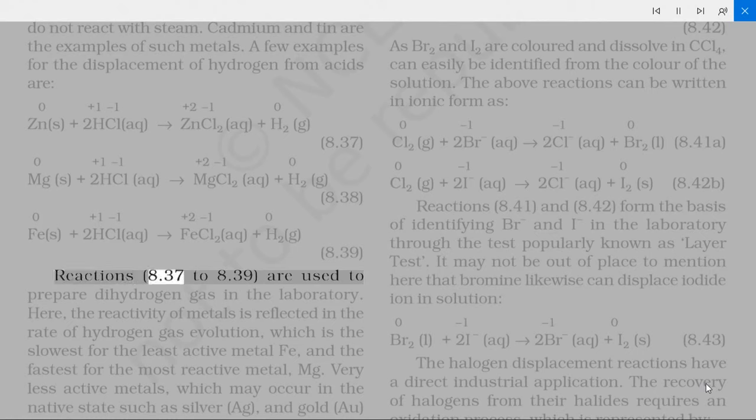Reactions 8.37 to 8.39 are used to prepare the hydrogen gas in the laboratory.